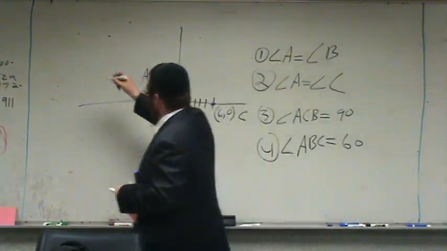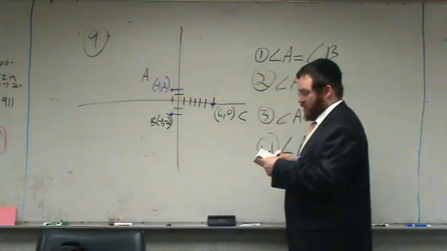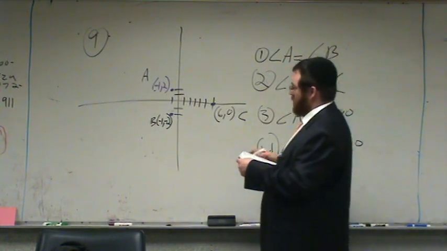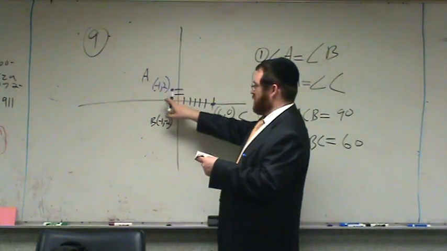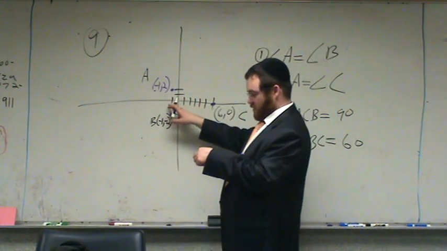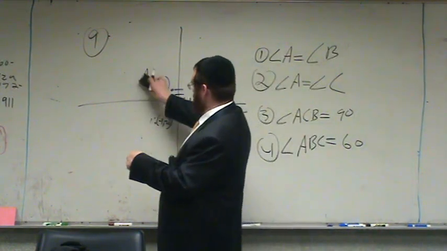Question 9. The vertices of triangle ABC are: A is -1, 2, so you go x -1, y 2, and B is -1, I should switch this around, it's a mistake.